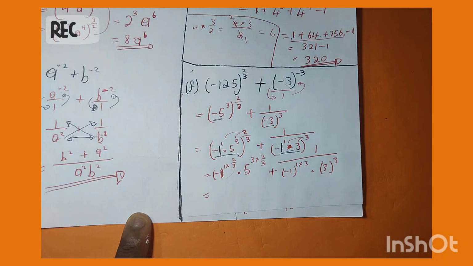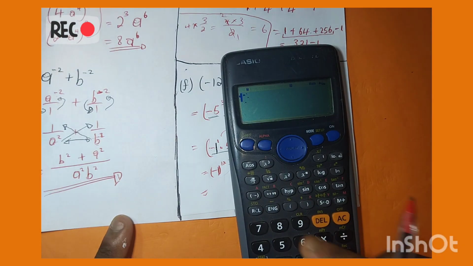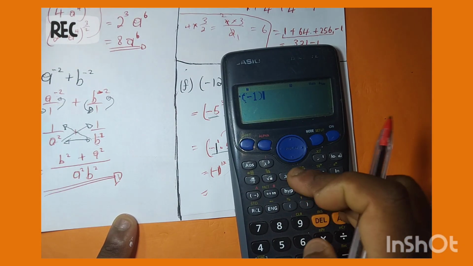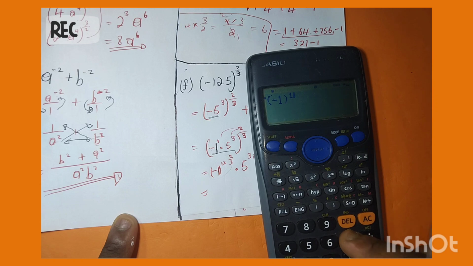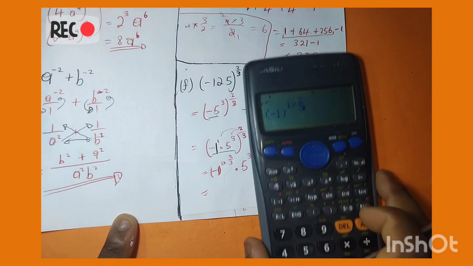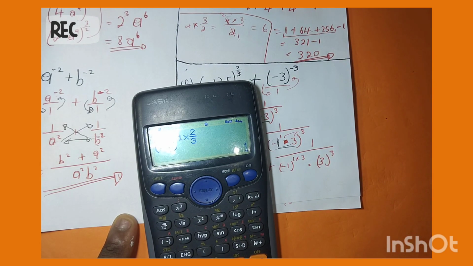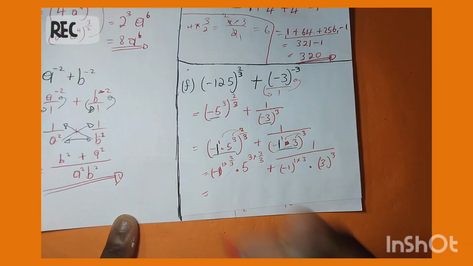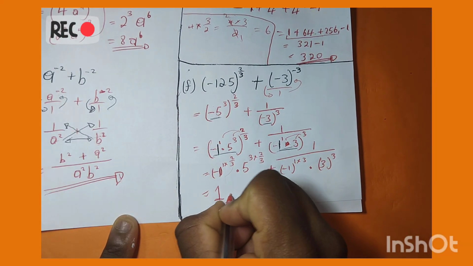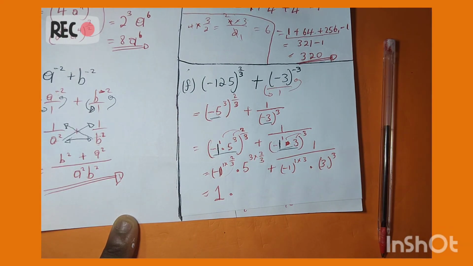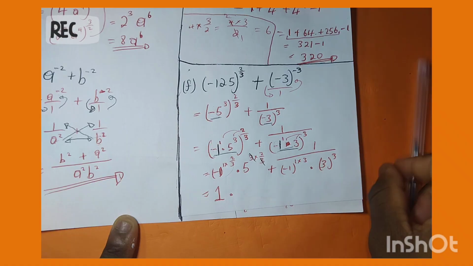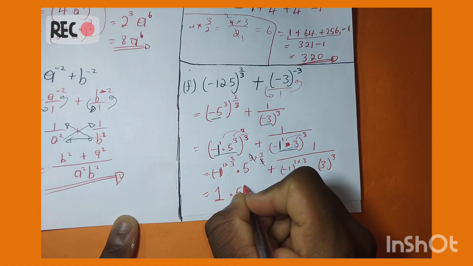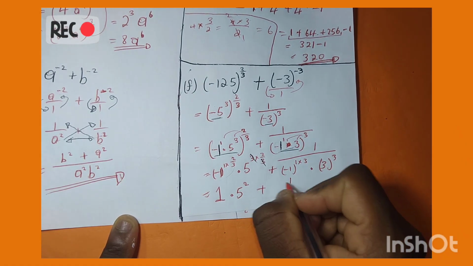And now this is what will happen there. All this thing there, let me just press it on my calculator, meaning minus 1 to the exponent 1 multiplied by 2 exponent 3. This is what I will get there, which is that I get 1 there. Everything I get 1 multiplied by these two things that they cancel. I'll get 5 to the exponent 2 plus 1.